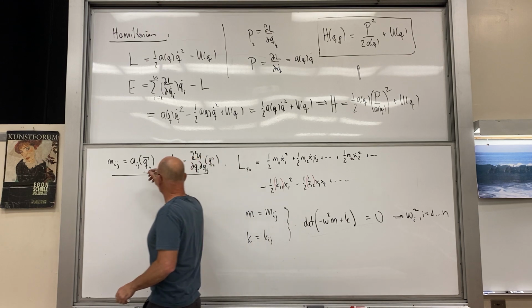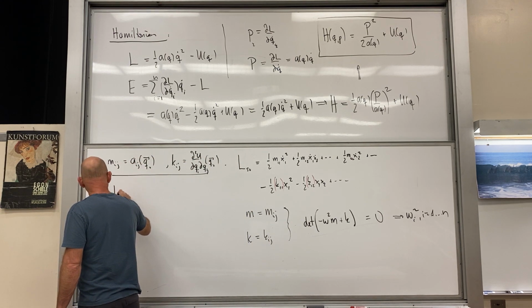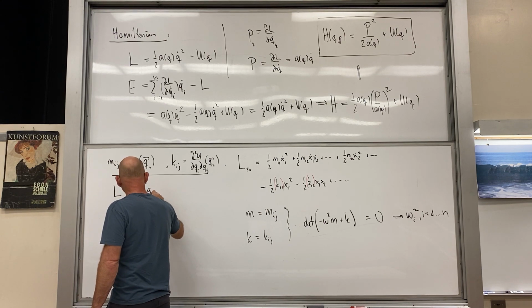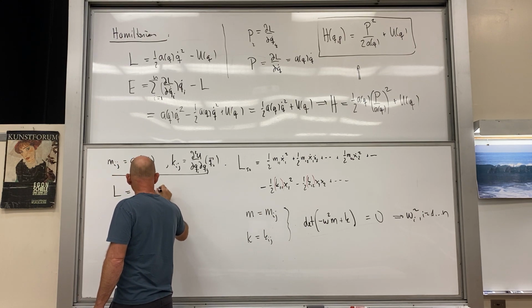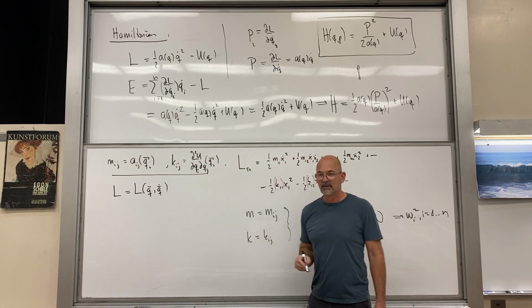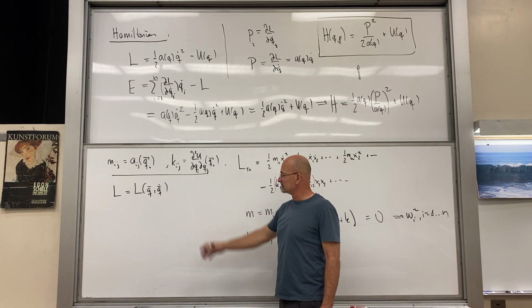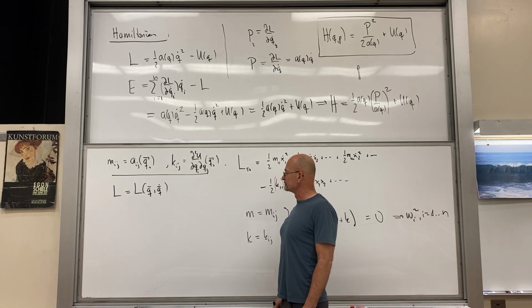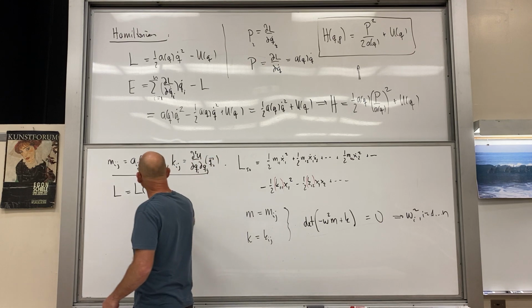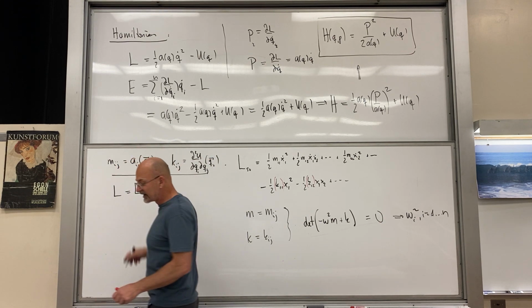And you have to take this definition really seriously. So you've got your L of Q, Q dot. I'll just put the vectors there, for the multiple number of coordinates. And you want to construct the Hamiltonian, you have to go through this step here.